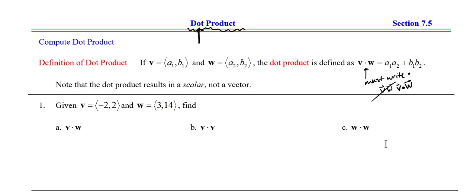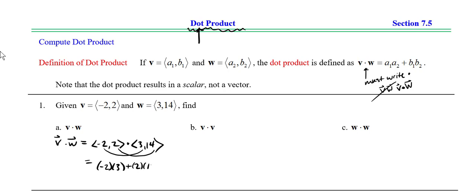Let's see this in these first few examples. v dot w, in this case, is ⟨-2, 2⟩ dotted with ⟨3, 14⟩. Well, what does that mean? We're saying multiply first component times first component plus second times second.